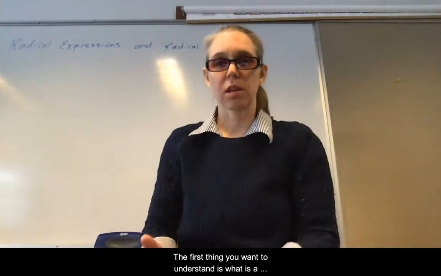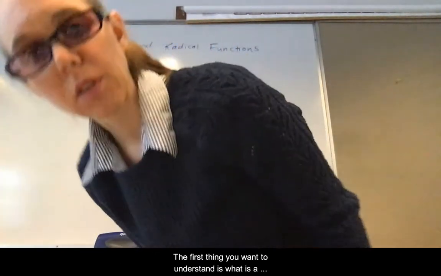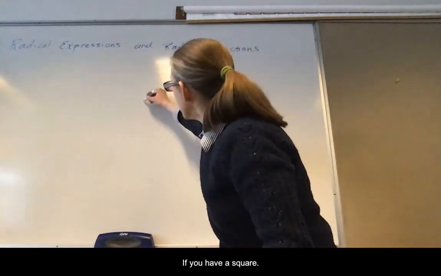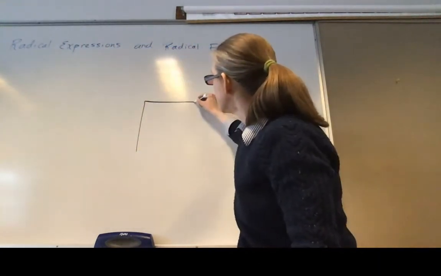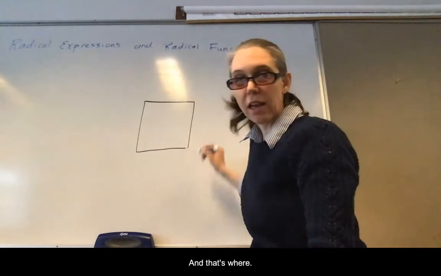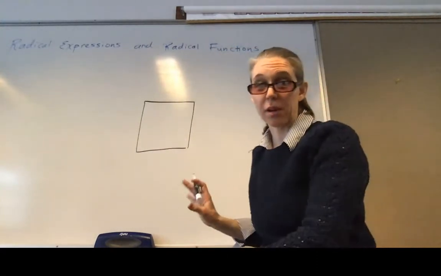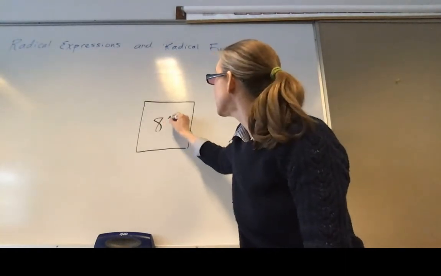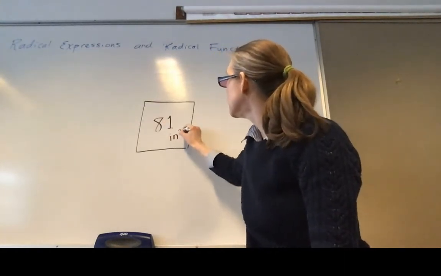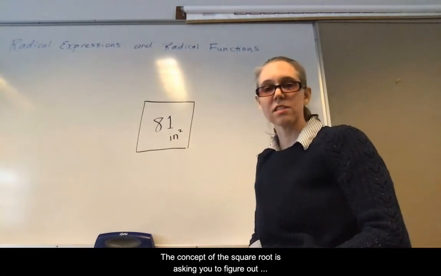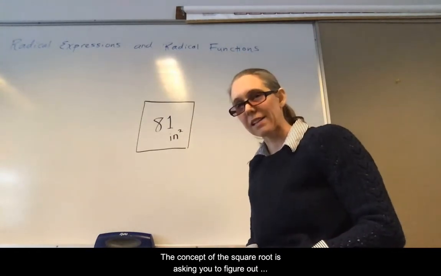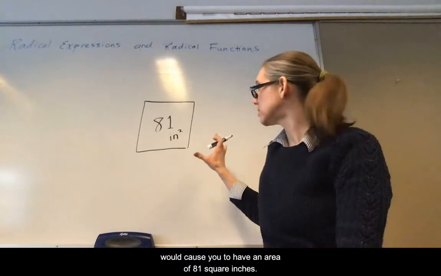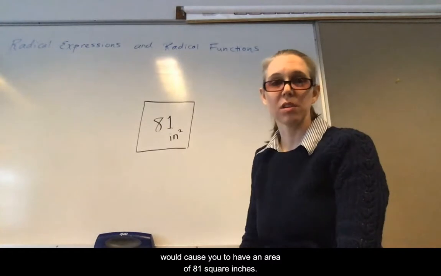The first thing you want to understand is what is a square root in the first place. So think about it this way. If you have a square, and that square, pretend that's a square, has an area of 81 inches squared, the concept of the square root is asking you to figure out what side length would cause you to have an area of 81 square inches.